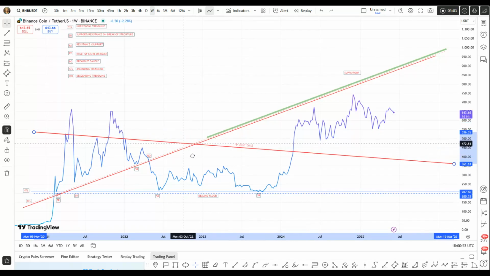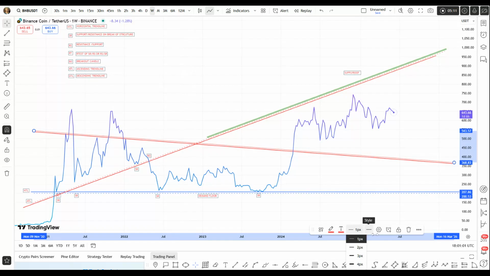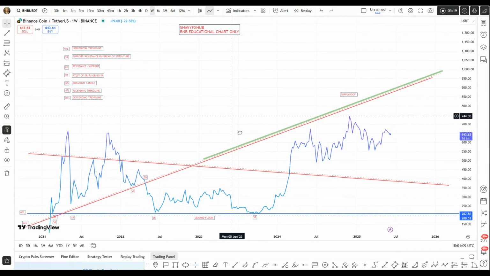It reinforces that buyers are holding the key. After a key breakout of this level, its price action has demonstrated the intent of buyers to hold price above the key critical level.